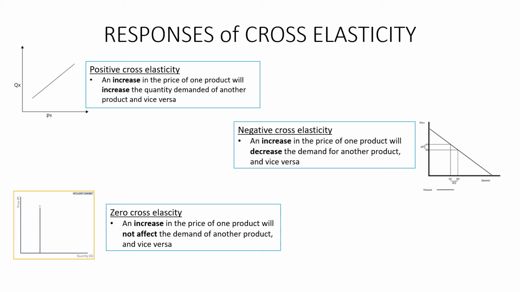Negative cross elasticity is when an increase in the price of one product will decrease the demand for another product and vice versa. This elasticity goes from left to right, downward. And zero cross elasticity is when an increase in the price of one product will not affect the demand of another product and vice versa. The line is a straight line.